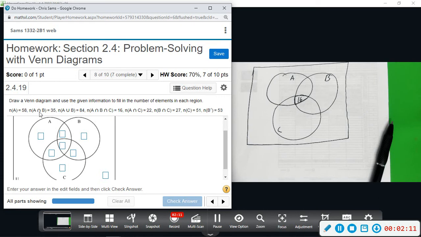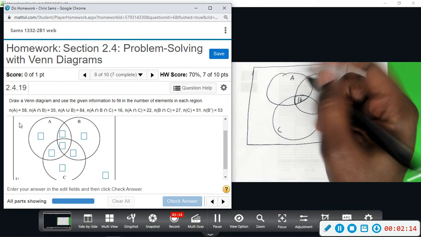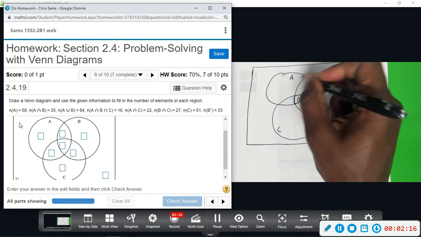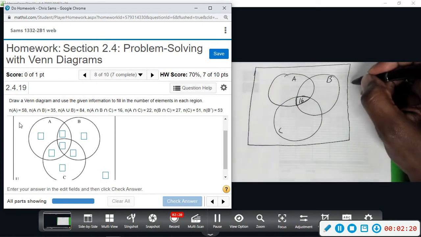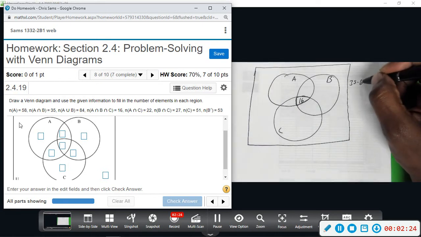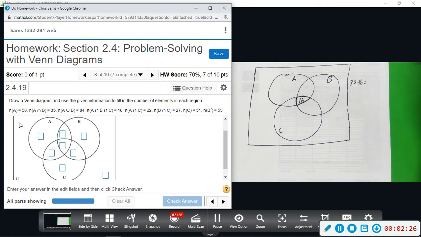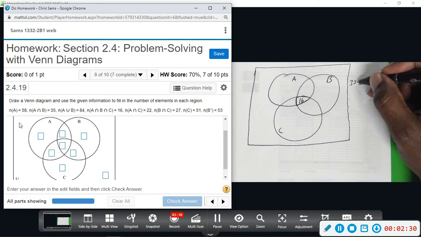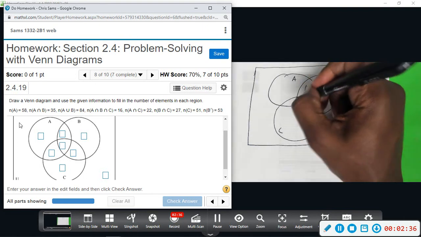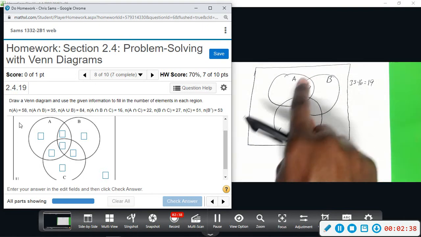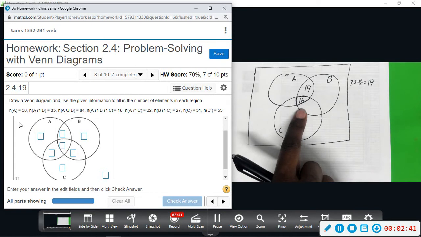There are 35 all together in A and B. We already have accounted for 16, so we do 35 minus 16, and that will give us 19. So this part right here, A and B, is 19. Plus the 16, that will give us our 35.